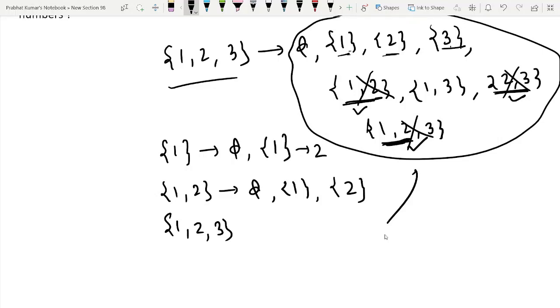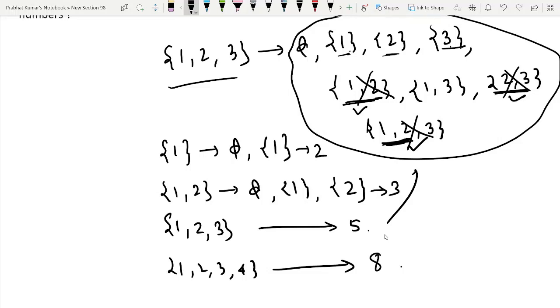So here it is 2, here the number is 3, here the number is 5. If you have 1 2 3 4, by brute force, finding all the subsets and writing down all the possibilities, you will get 8 such non-consecutive subsets.